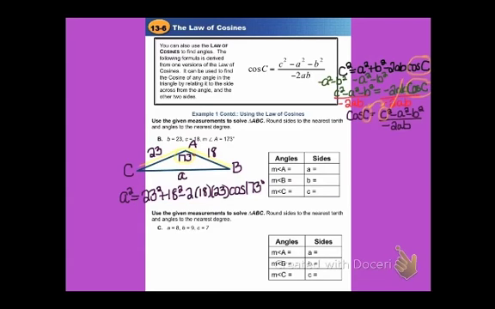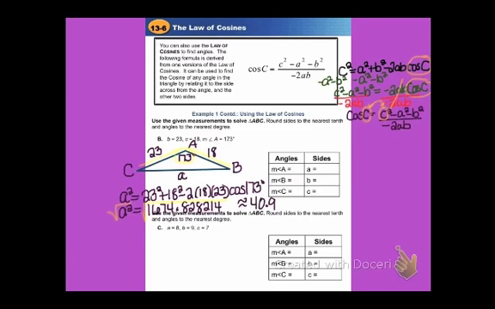So we can put all of this into our calculator and we'll find out what A squared is equal to. So I'm going to pause real quick and see if I can calculate that for you. And I got about 1,674.828214. And of course that's not the side length of the triangle, that'd be way too big. But I have to take the square root of that, and that would give me about 40.9.